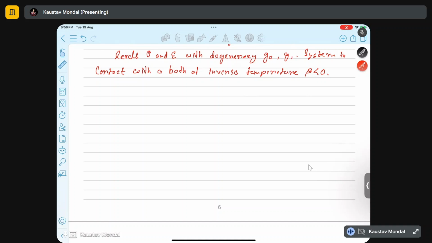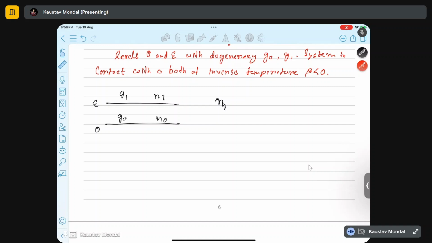So we know this is a similar technique with system 0 and E. This has degeneracy G0, this has degeneracy G1. So the system with degeneracy G1 has the number of particles N1, and the system with zero has the particles N0.